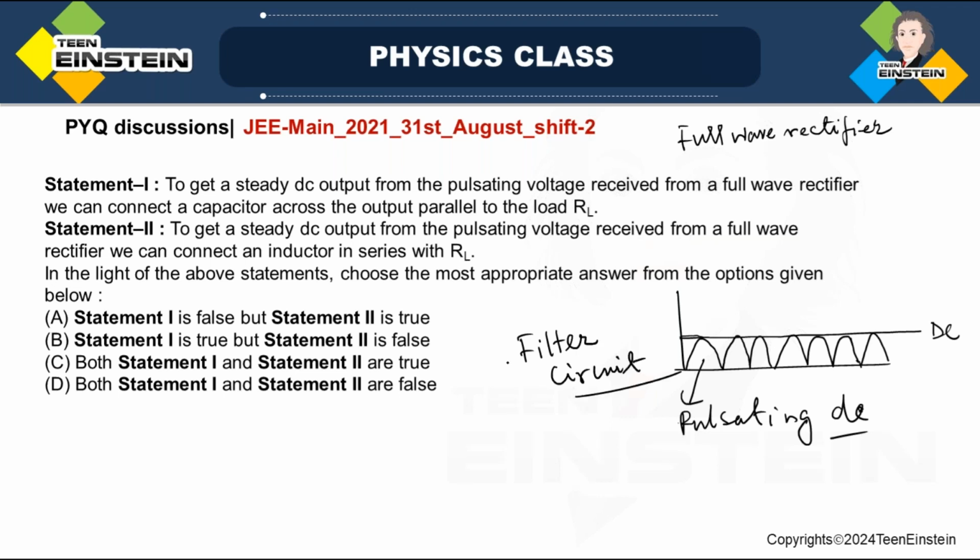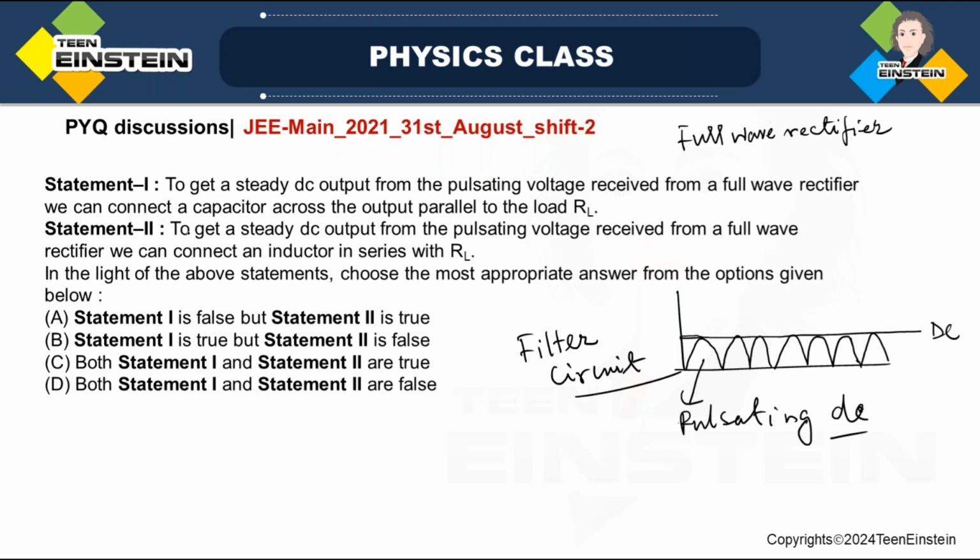Filter circuit can be with a capacitor. So this is the first statement. To get a steady DC output from the pulsating voltage received from the full wave rectifier, we can connect a capacitor across the output parallel to RL, the load resistor.